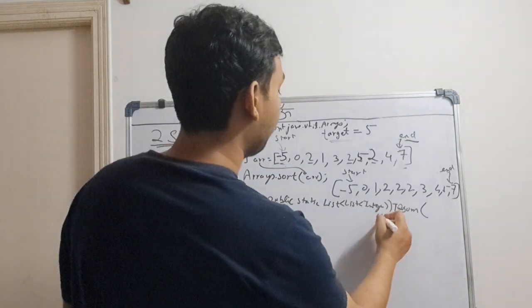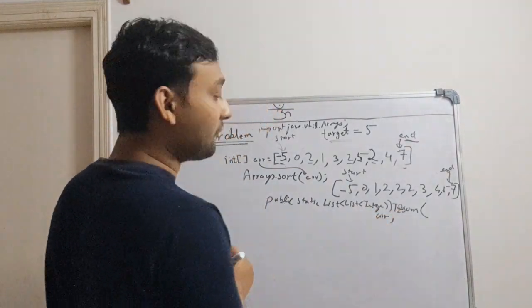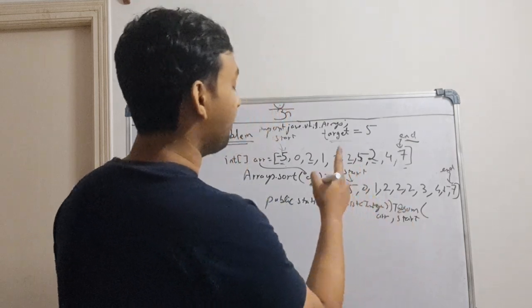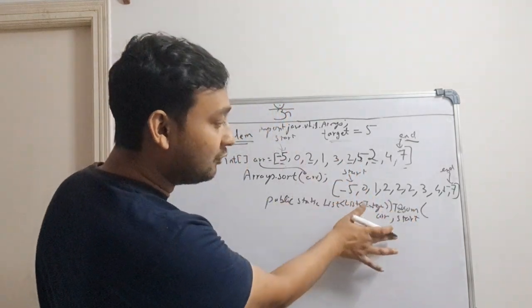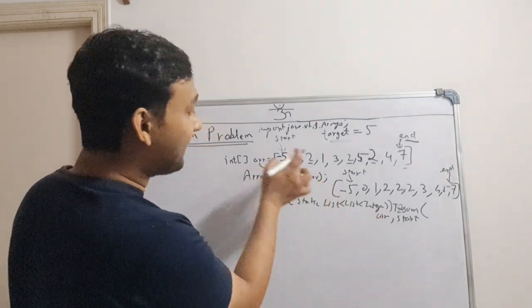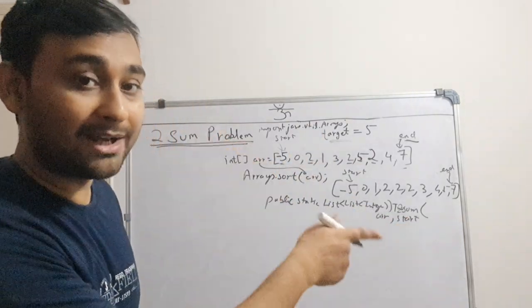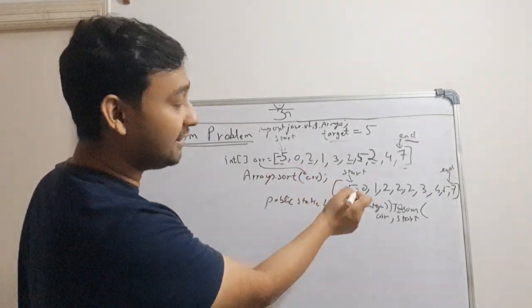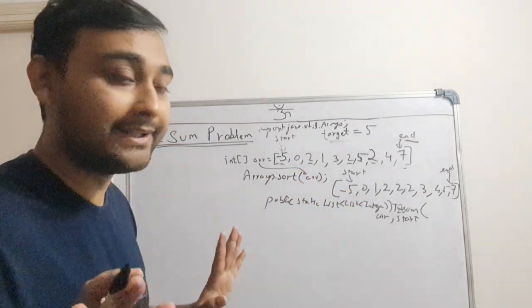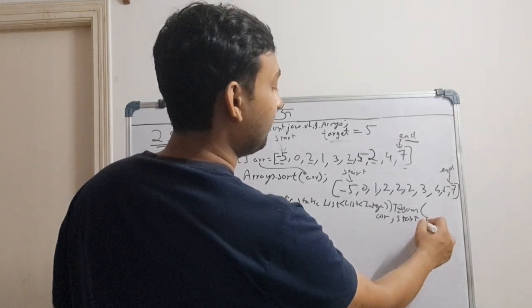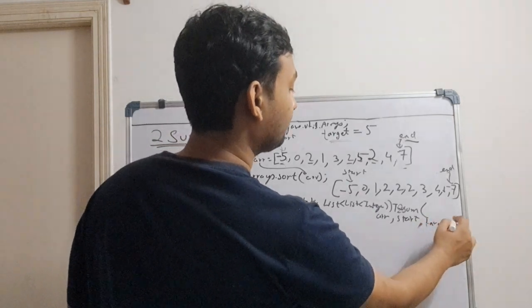Then we will pass the starting index, which is 0, from the main method. If you pass the values in this method, the array will be passed as it is, arr, but start will be passed as 0 from the main method, because the initial index is 0 only, right? Then what will be my target? That will be given over here, target.